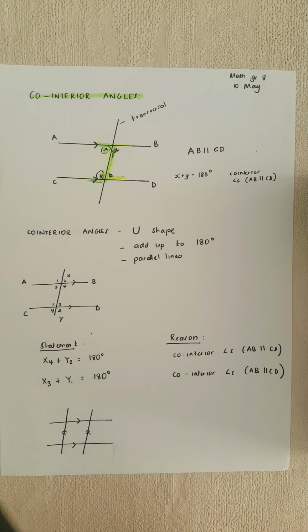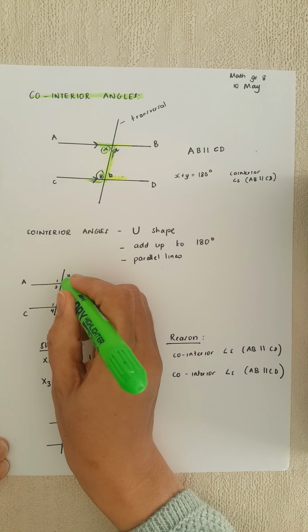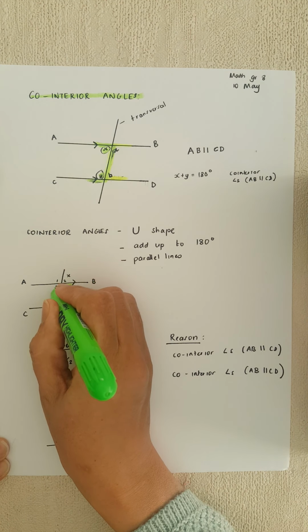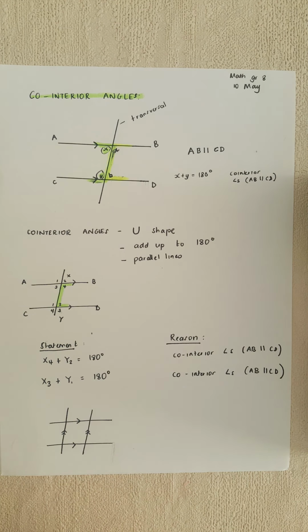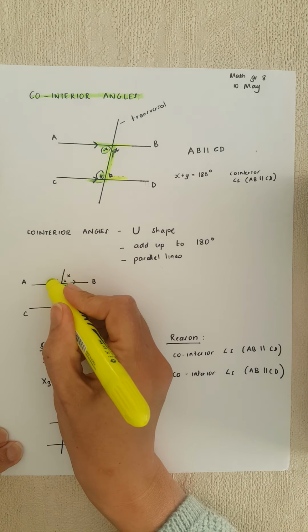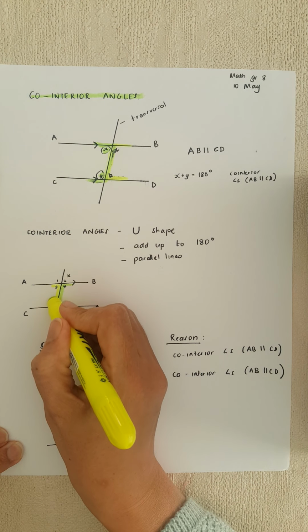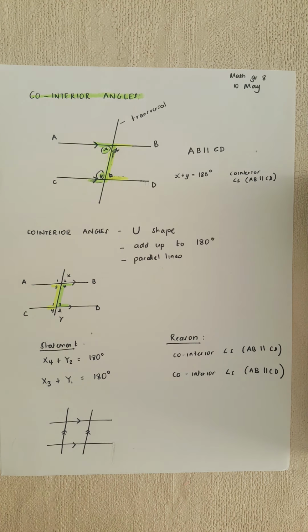Okay, so what I'm going to say is I'm looking for a U here on this side. That's one there. And I'm looking for another U which is on the side here. So remember there's two sides of the transversal. Can you see that? Okay, so what is my statement going to be?